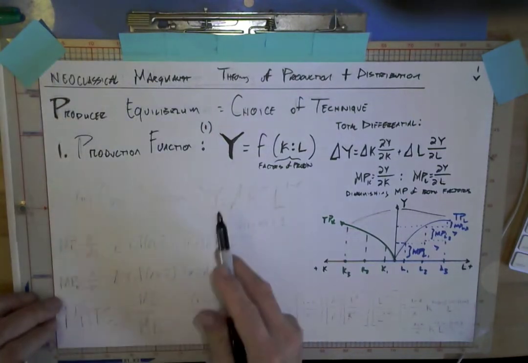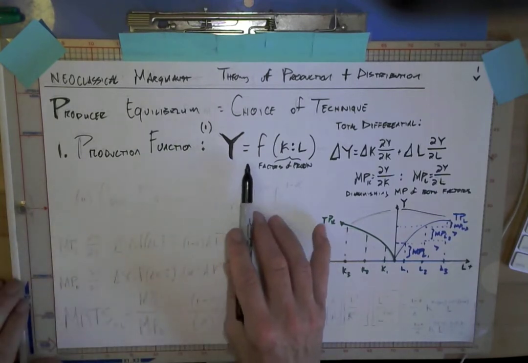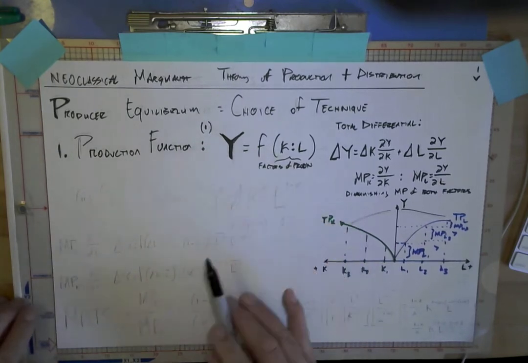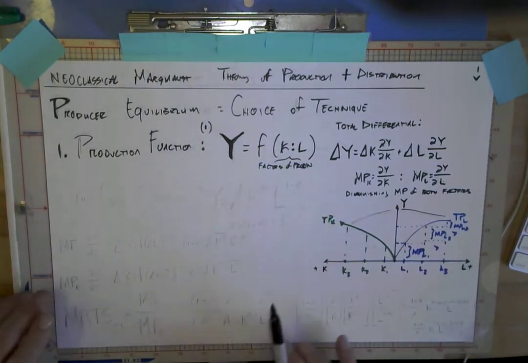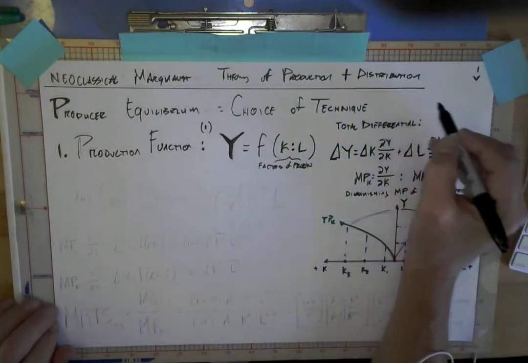The neoclassical production function says that newly created output, Y, is going to be a function of the capital and labor inputs, the factors of production. We are assuming that this is going to be a well-behaved production function.